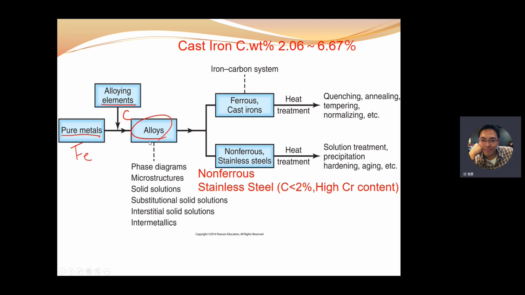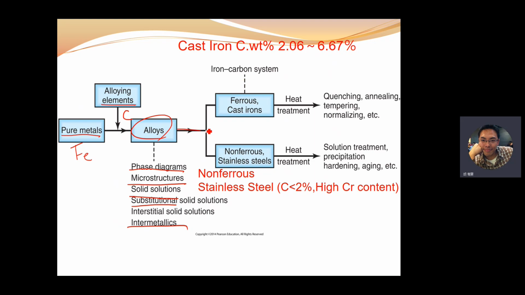Therefore, from those experiments, for example, we can plot this phase diagram, and we can observe the microstructure from the microscope. And we can tell what the solid solution is, what its point defect type is, and whether the intermetallics form or not.